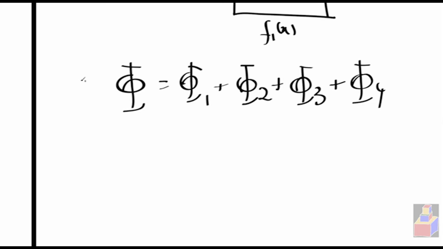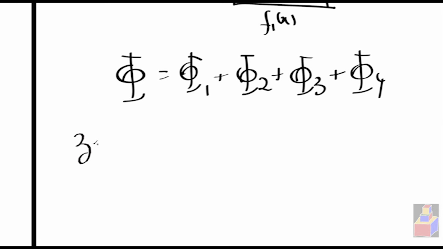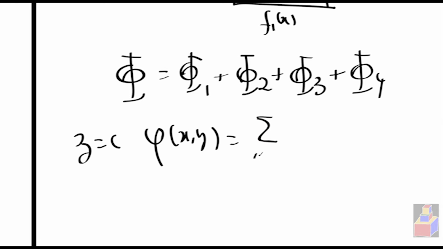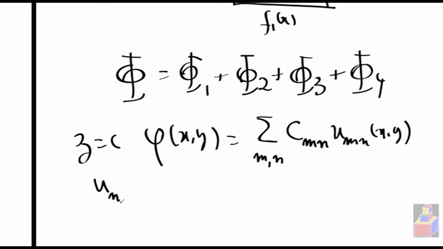So we have the function at z equals c, f of xy, which is the unknown function, equals a combination in mn. M goes from 1 to infinity, n from 1 to infinity, of Cmn times our function Umn of xy. What is Umn? Umn is simply those harmonic functions.